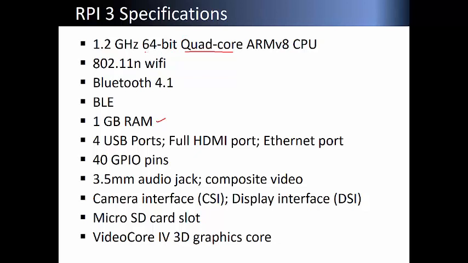Your Raspberry Pi 3 is a 64-bit processor, and the speed is 1.2 gigahertz, which is a lot slower than a typical laptop. But real operation is not slow. If you run Windows, then a Windows laptop is a lot slower than this Raspberry Pi, because this Raspberry Pi is running over Linux.